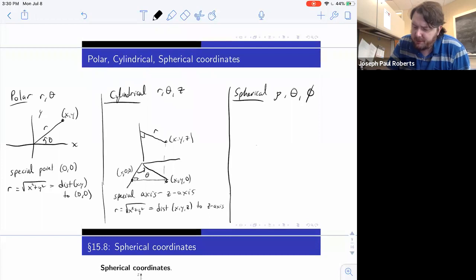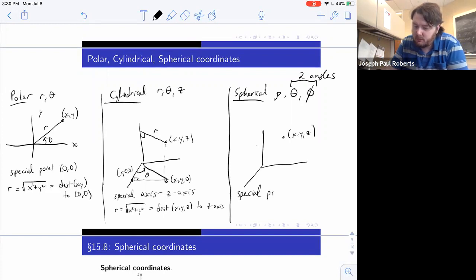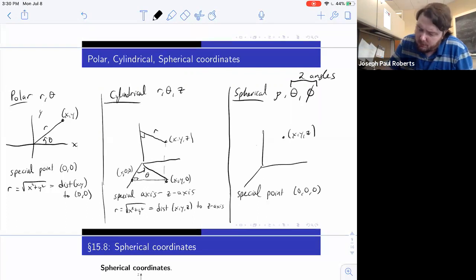And so we'll talk more about these angles in a second, but let's just draw the standard picture here. So if this is x, y, z, so what's going on with spherical coordinates? There's a special point, which again is now the origin, but we're in R3, so 0, 0, 0. And rho is going to be the distance from x, y, z to the origin.